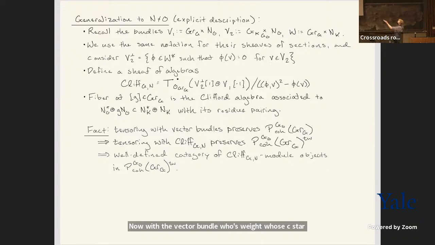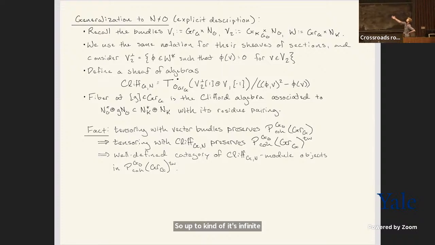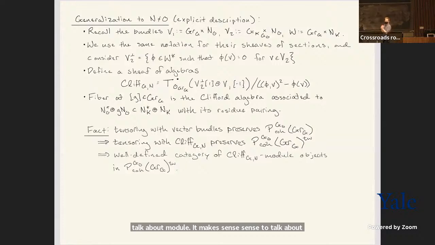And in particular, all the generators of this sheaf of algebras are of that form. So up to kind of infinite versus finite rank issues, this twisted perverse coherent T structure is preserved by tensoring with this sheaf of algebras. And that means that it makes sense to talk about module objects over this sheaf of algebras inside the heart of this twisted perverse T structure.